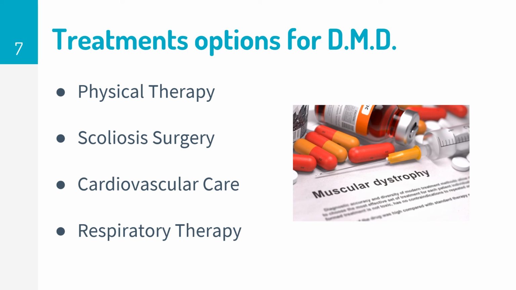The next is cardiovascular care. Through angiotensin converting enzyme inhibitors, ACE inhibitors, angiotensin receptor blockers, and beta blockers, deterioration of cardiac muscle can be stopped or prevented for a little while. What these different forms of treatment do is make it easier for your heart to pump blood.